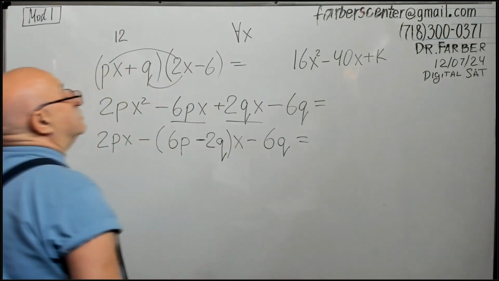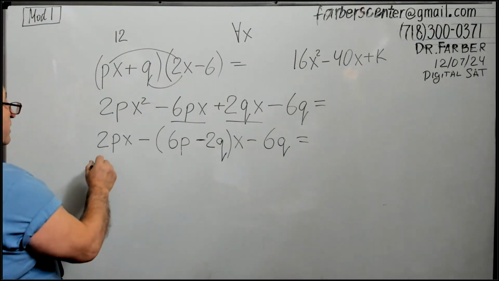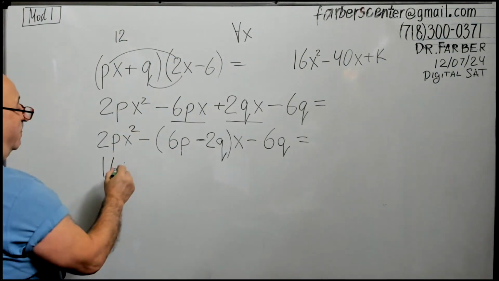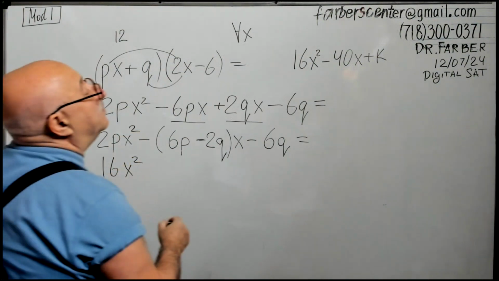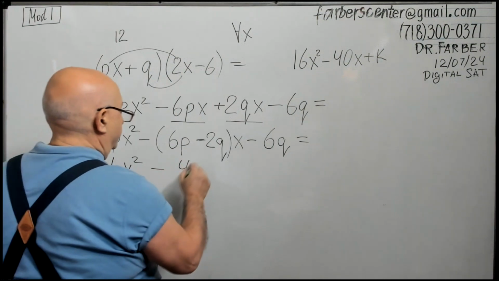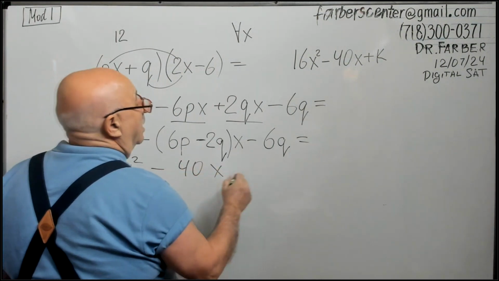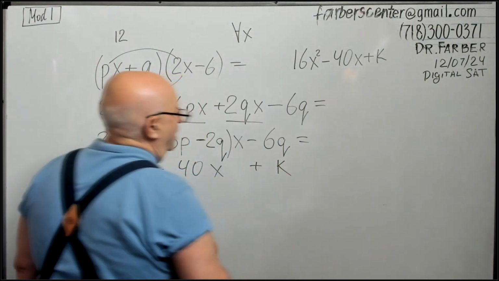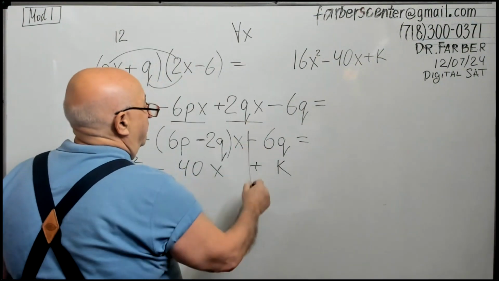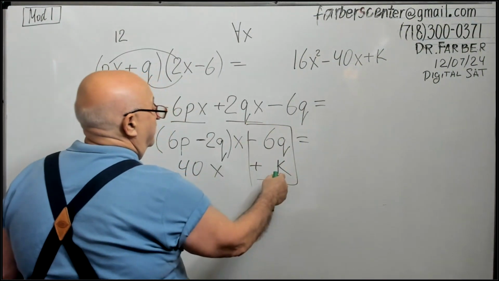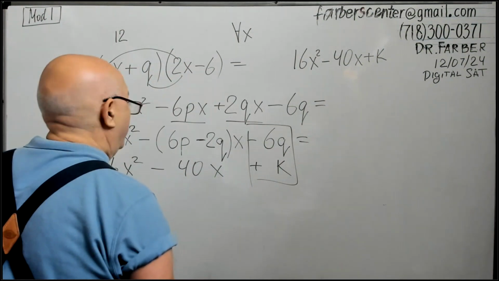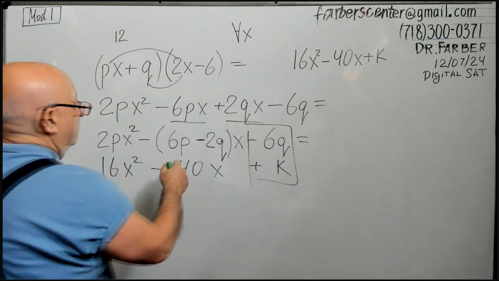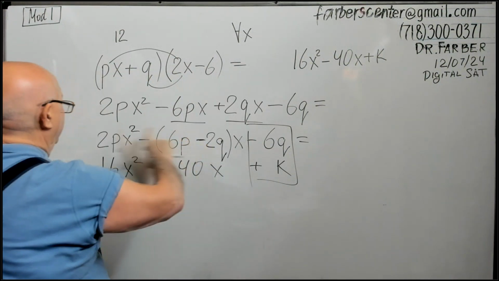And since this equals the right part, you can write 16x squared minus 40x and plus k. And they equal to each other. If I knew q, I would easily find k, but I don't know q. But first of all, this coefficient equals this coefficient.